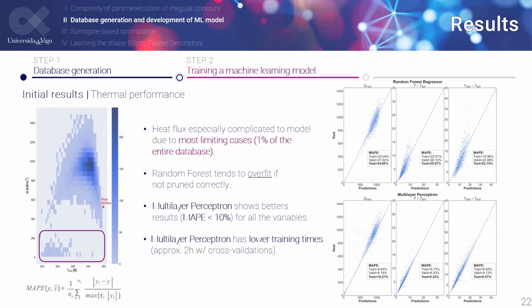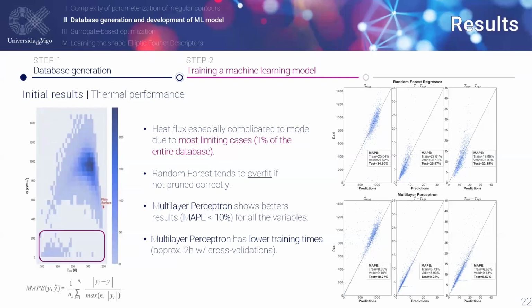First of all, as I mentioned at the beginning, we noticed that there were those cases highlighted at the bottom that had this opposite behavior and only represented less than 1% of our database. So instead of being useful for the model to predict the heat transfer, they did the opposite. They just complicated the learning, because there were a few hundred fins that weren't doing what they were supposed to do.